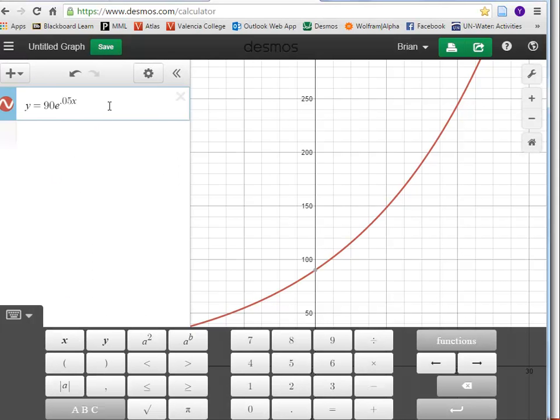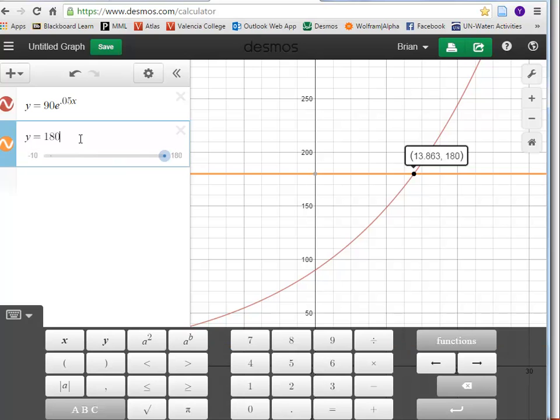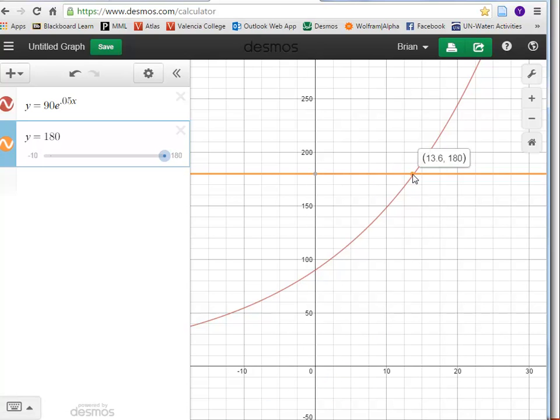Let me hit enter, and I'm going to find where the population is 180, and I can see there's my 13. Come back. There's my intersection. I can see 13.9 days approximately is that intersection point.